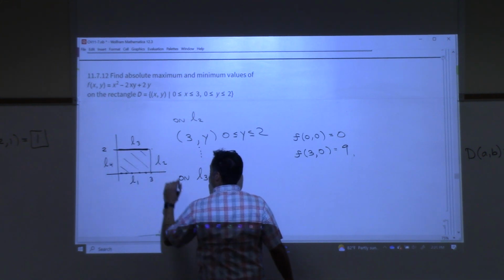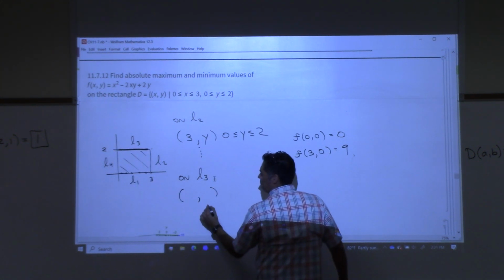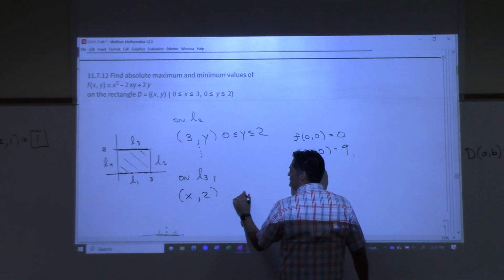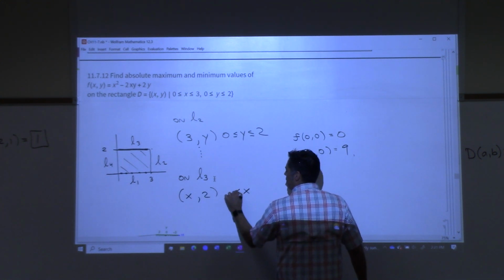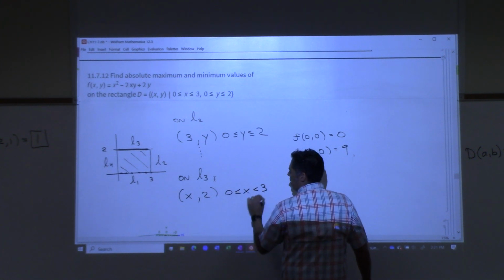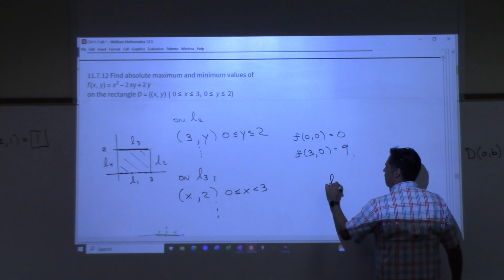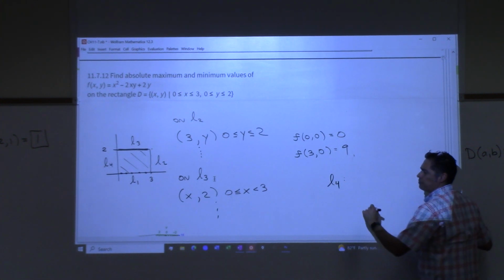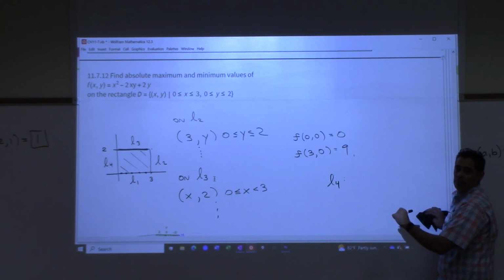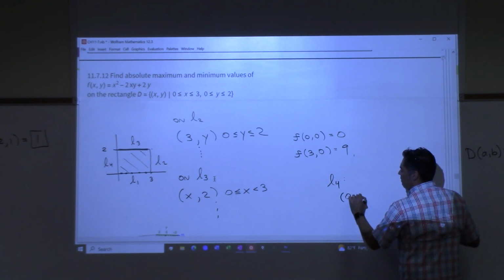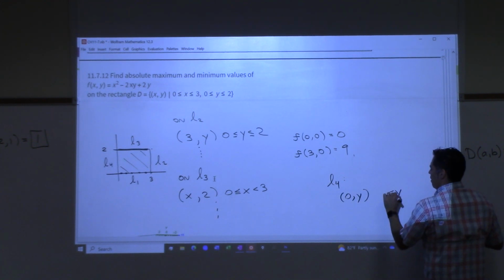So here, your points look like what? X, 2. Your x coordinate's kind of free. Your x has to be between 0 and 3. And then we work that out, right? And then on the last one, L4, who wants that? The point looks like (0, y), as long as y is between 0 and 2.